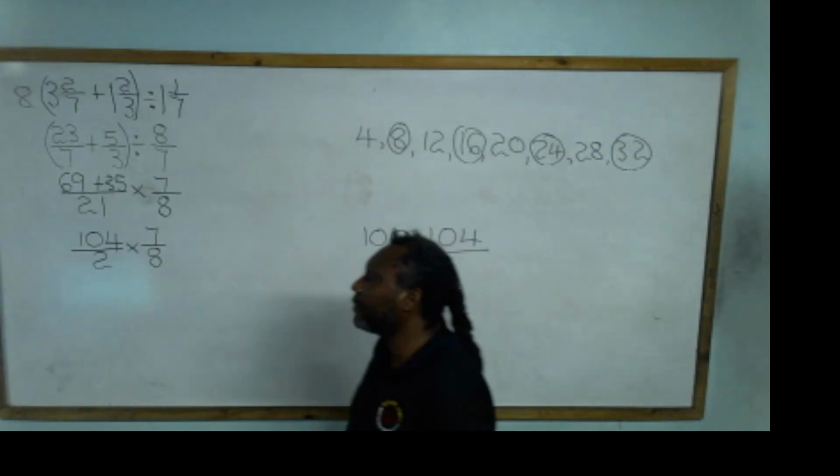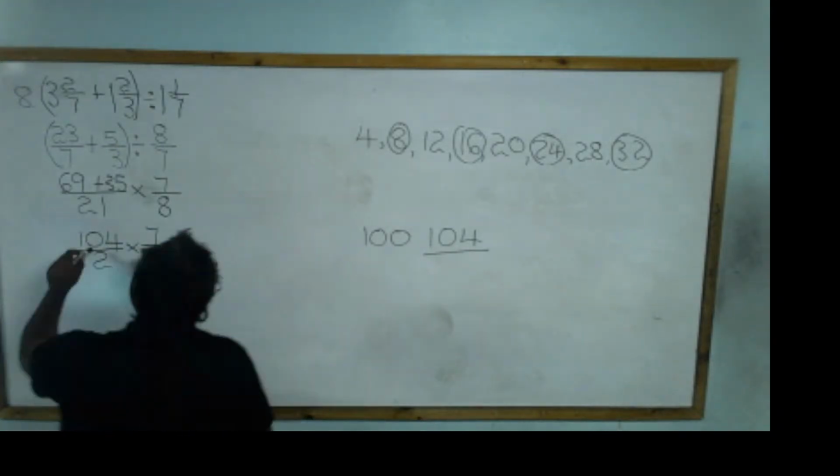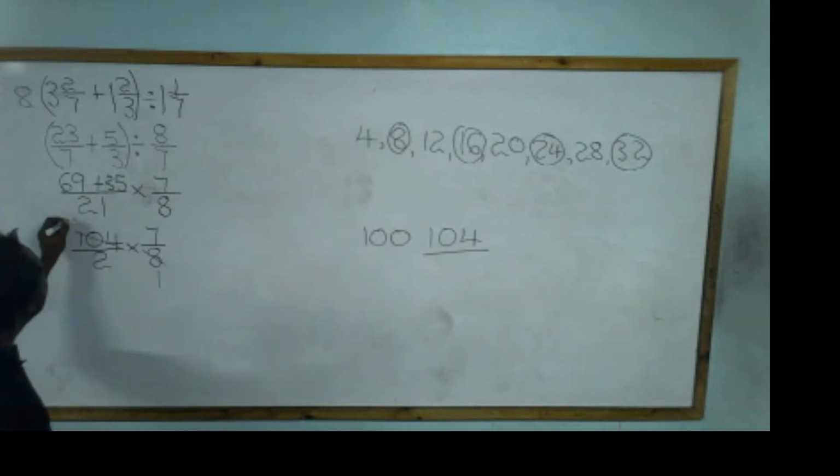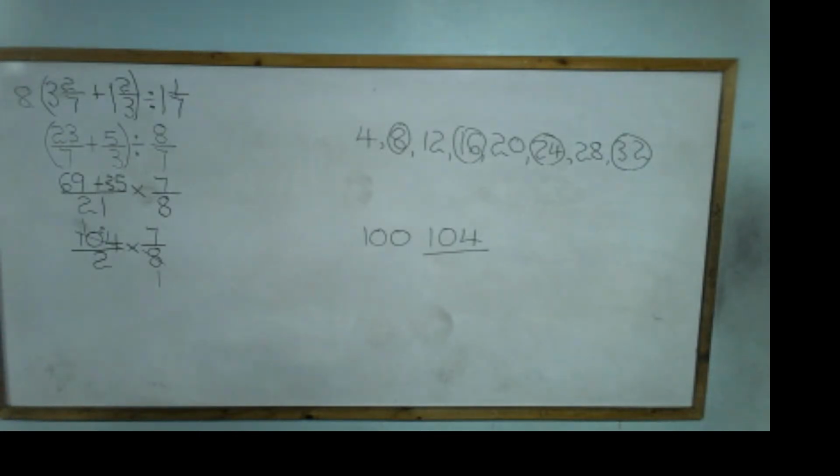And of course, if you do your division right, 8 into 10 is 1 and carry 2, so remainder 2. So 8 into 24 is 3. So 8 into 104 is 13.